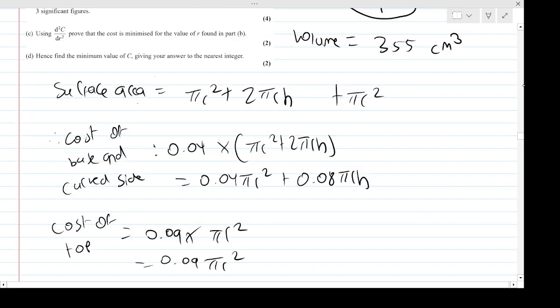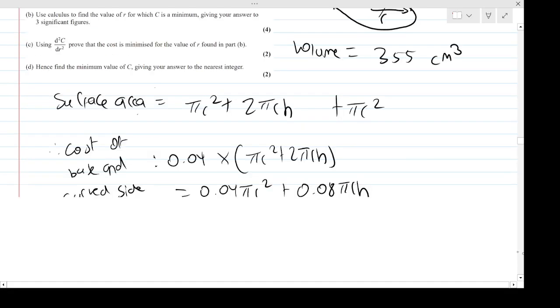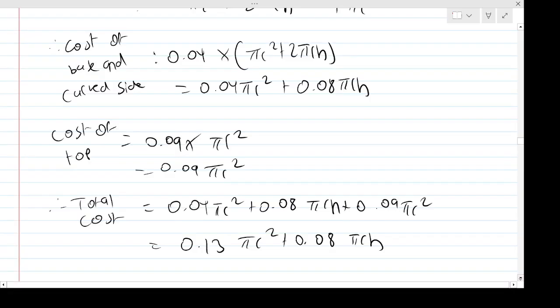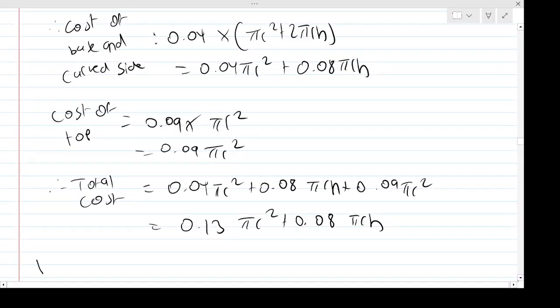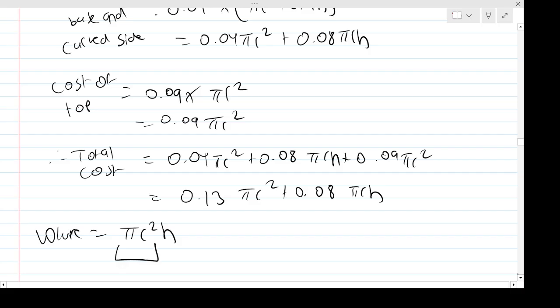How can I get rid of h? Well, I'm given the volume, right? I also should know that the volume of a cylinder is pi r squared h. Because again, it's no coincidence that firstly the pi r squared bit is the area of one circle. So then I'm multiplying it by h, so by how high up I am.